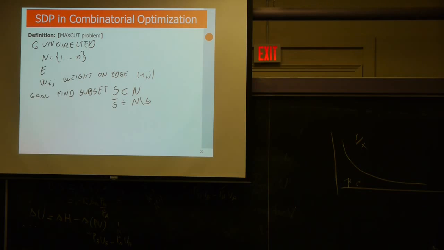So if we have a graph somewhere here, and this is the set of nodes S, and then we have S bar outside of S, and say these are the edges between these two subsets. We want to maximize the sum of these weights. Is the problem clear?